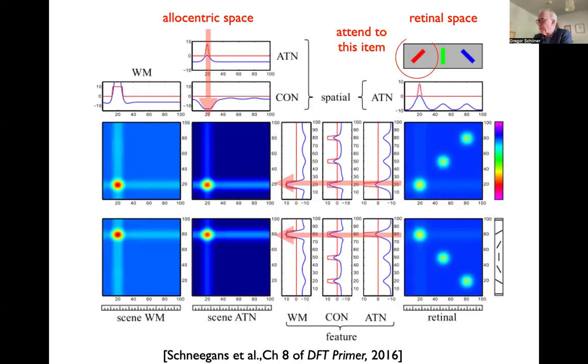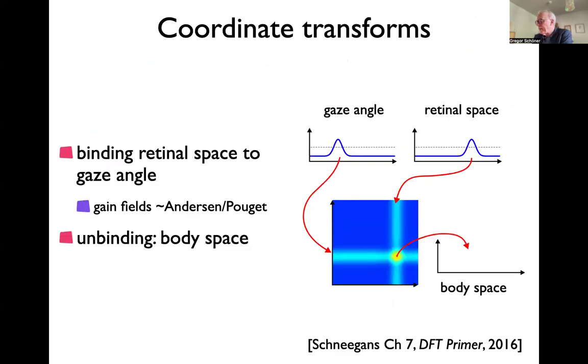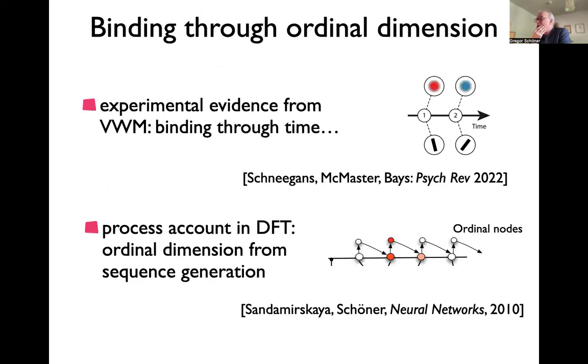So we cannot just write this direct input into working memory because of that coordinate transform. Good. So binding through space is just a special case of the more general idea that you're binding through a shared dimension.